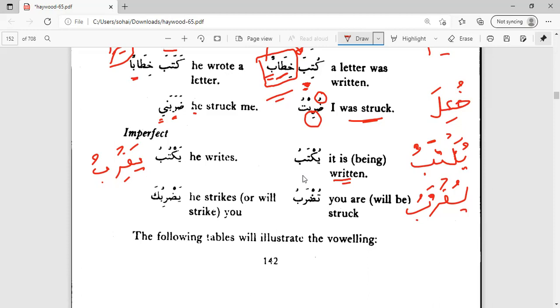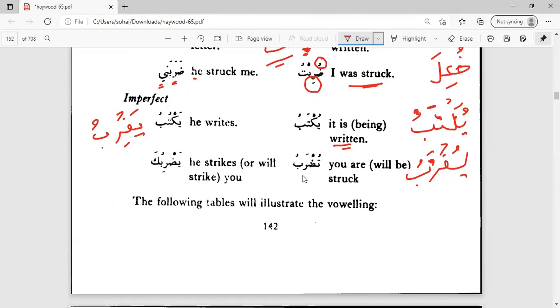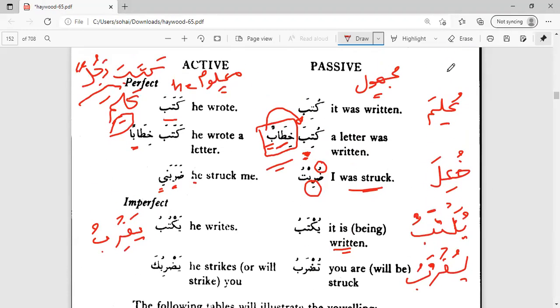But when we do the next chapter, you will learn verbs which may have dhamma at the start, not in the past tense, but in the present or future tense, fil mudare, but they're still active. Those are different forms of verbs. But at this time, for everything we've done, your rule will apply. So it's simple. It's not hard. The first letter in majhul has dhamma, and the second root has kasra.